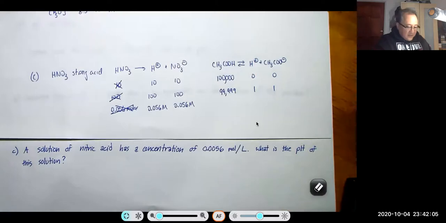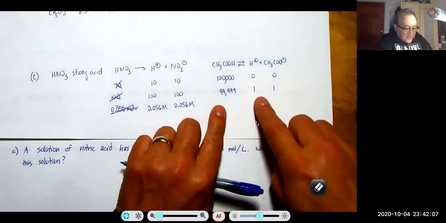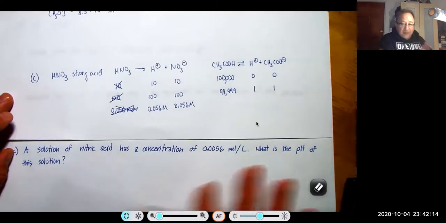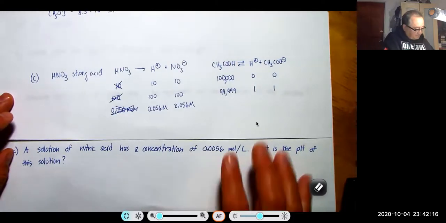So here, the number of H pluses does not equal the number of acetic acids that we started with. So if C were a weak acid, we wouldn't be able to do this. But because it's a strong acid, we can.